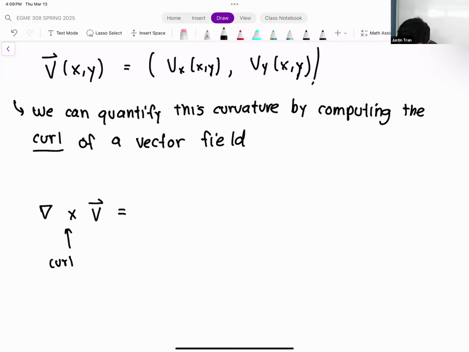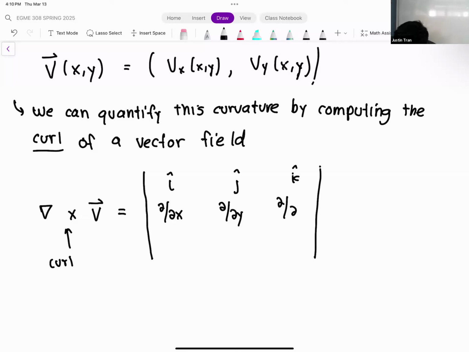Mathematically, the way that we compute this, if we think back to before the midterm and how we compute cross products, we use a 3x3 matrix, and we want to take the determinant of this matrix. We have I, J, K in the first row. Second row, we have the components of our nabla, which are the partial derivatives: partial x, partial y, partial z.